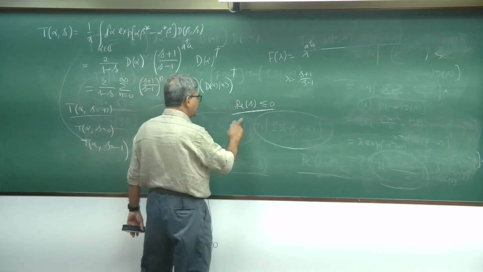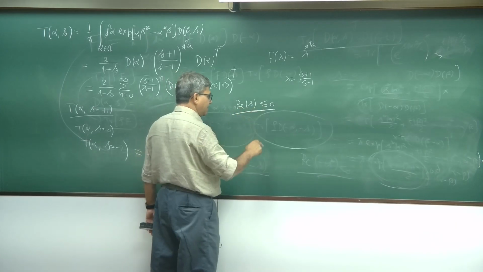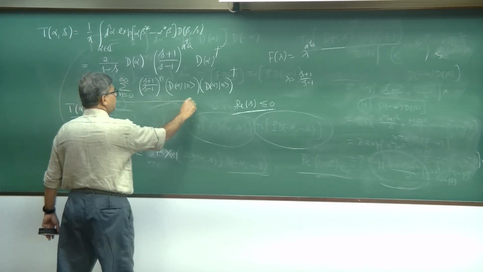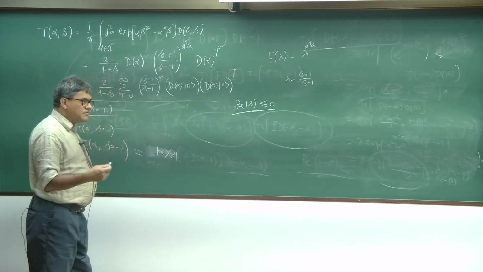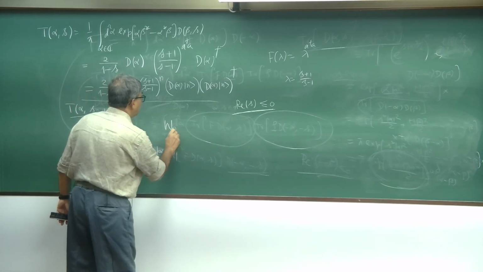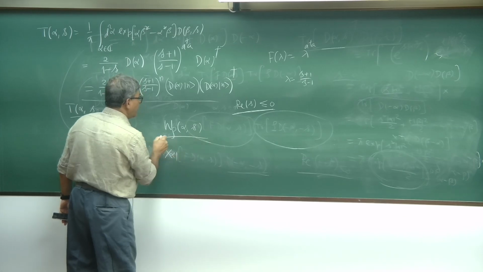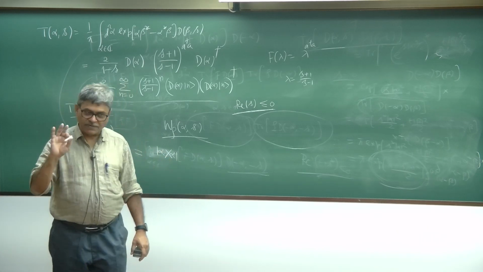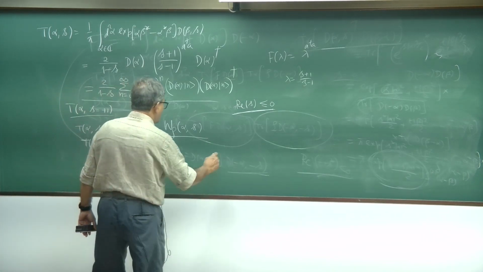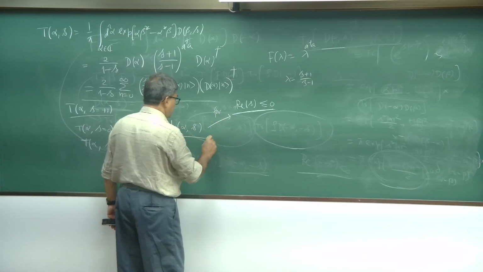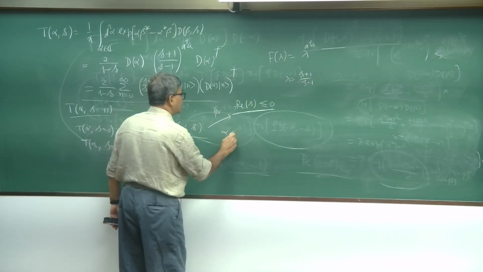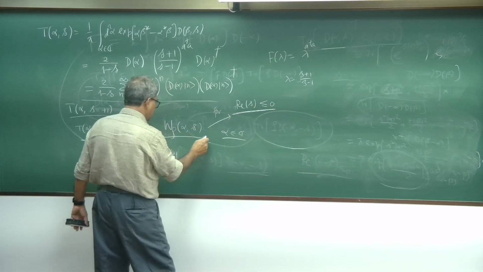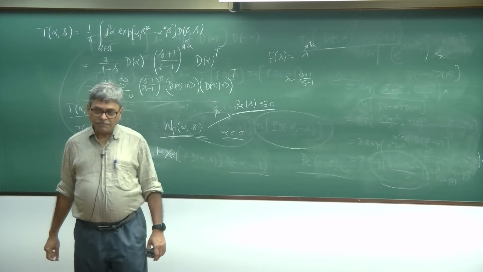So, for all other values of s for which the real part of s is negative, this is a well behaved operator, and you can have the corresponding expressions. So, in other words, this is a well behaved function, in the sense that it is continuous and uniformly continuous, whatever. Of course, alpha can be any number, but if I take the real part of s less than or equal to 0, then this is a well behaved function, okay, right.